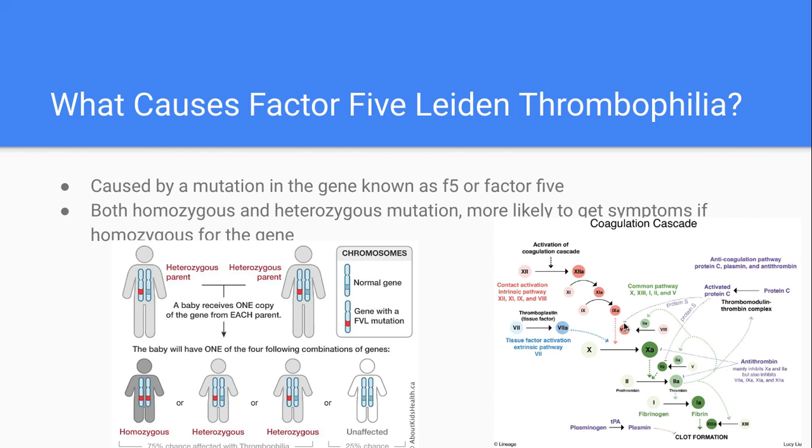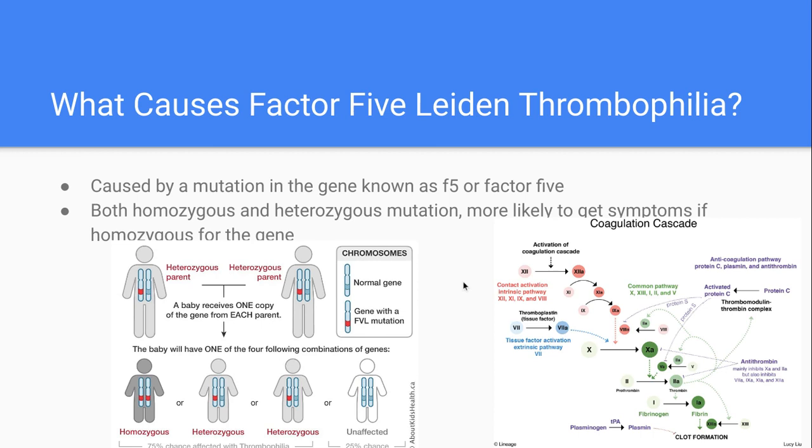And APC is what causes it to inactivate and stop the formation of clots. But when you have the mutation, the reason you have symptoms is because the APC can't inactivate the coagulation factor 5 protein properly.